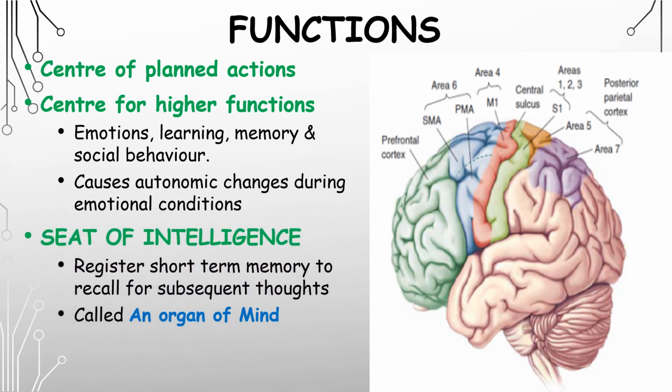Seat of intelligence. Short-term memories are registered in the prefrontal cortex. So it can keep track of the information, and it also has the ability to recall this information bit by bit.